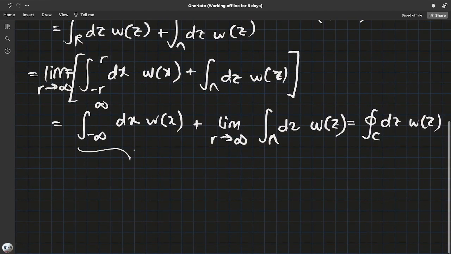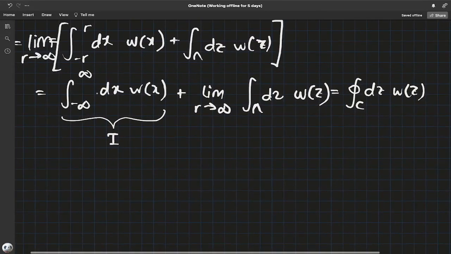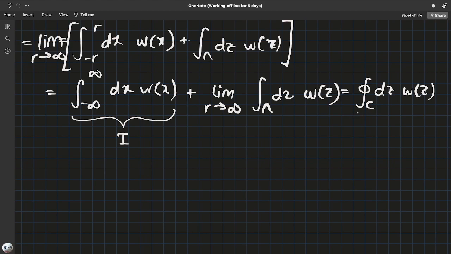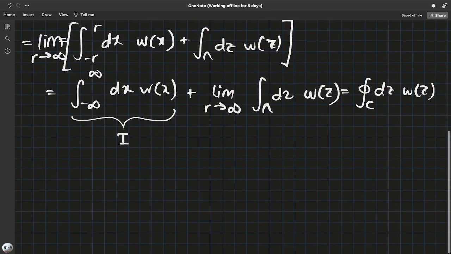This is I. This is the integral we wanted to find, right? Now we can just set these things equal only when this arc integral goes to 0. So we want this to go to 0.